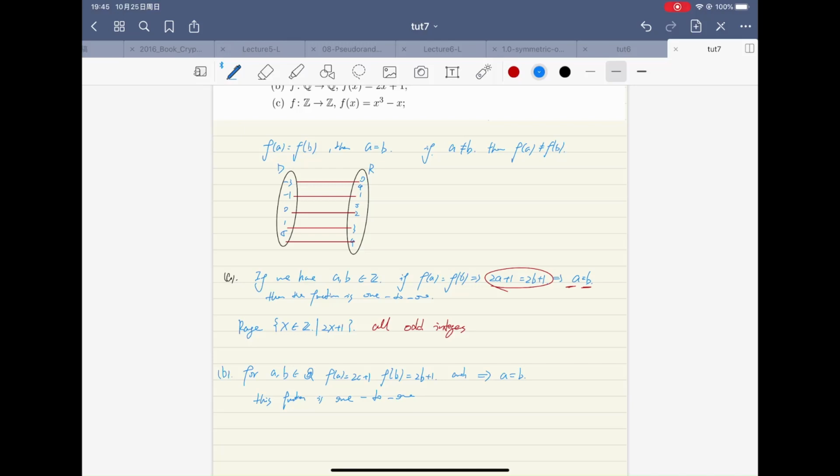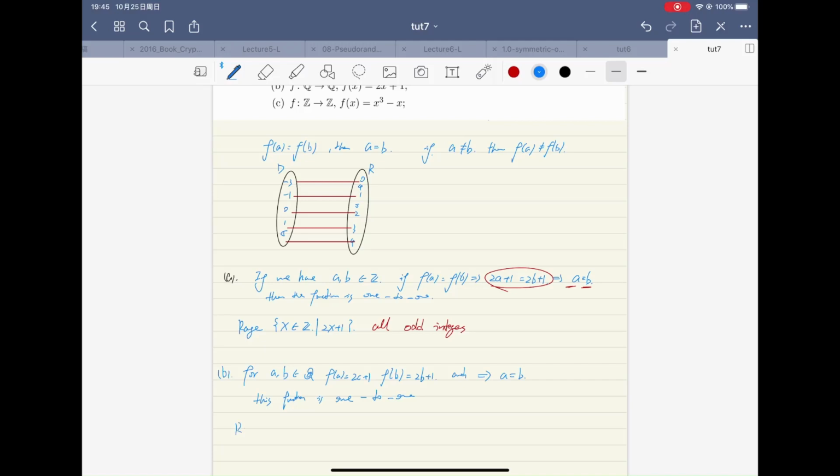Since for any value in the domain, we can find a value in the range. So for any value in the rational number set, we can have a value 2x plus 1 in the rational number set.